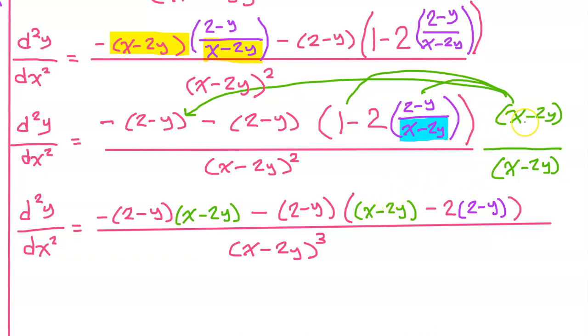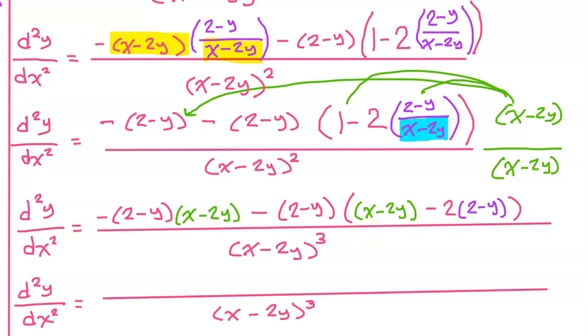But when I multiplied x minus 2y times this part, the x minus 2y canceled out the blue x minus 2y, just leaving the numerator of 2 minus y. Meanwhile, in the denominator, this is already x minus 2y squared. So if I multiply by another x minus 2y, it becomes x minus 2y to the third power. Hopefully you can follow how I got all of this.